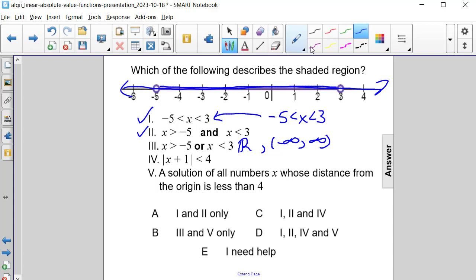This one is not true, so we can rule it out. So therefore, answer choice B can also be ruled out because Roman numeral 3 does not represent this shaded region.